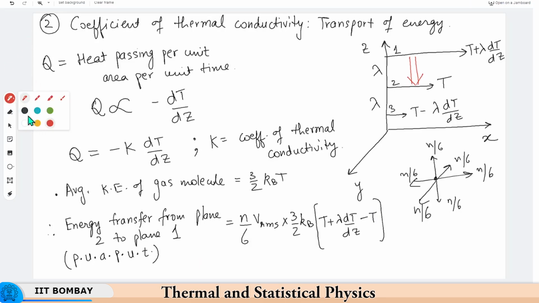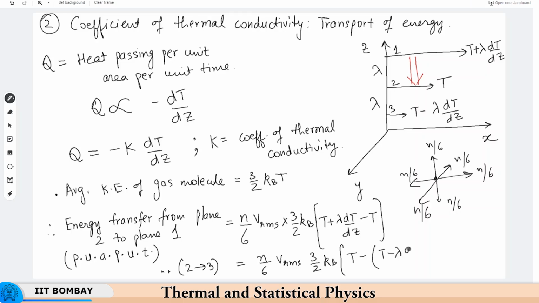Similarly, I can do the same thing between plane 2 and plane 3, and that will also be n by 6 V RMS times 3 by 2 kB times T minus lambda dT by dz. Okay. And that transfer will also happen in this direction, right.